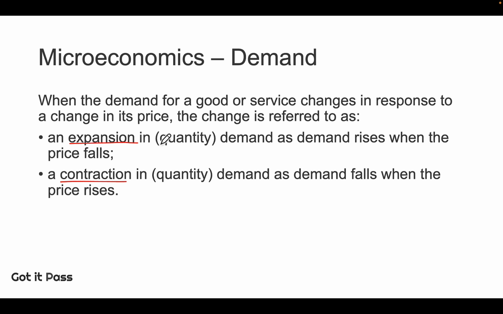The key here is the quantity demanded, because it is the relationship between quantity demanded and the price, not the demand. We will explain it a bit later, because demand is just the demand curve or the demand line on the chart. The keywords here are quantity demanded and price.